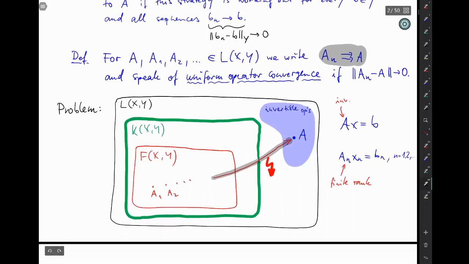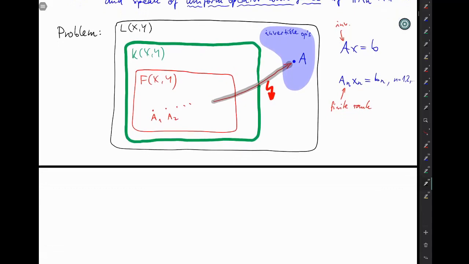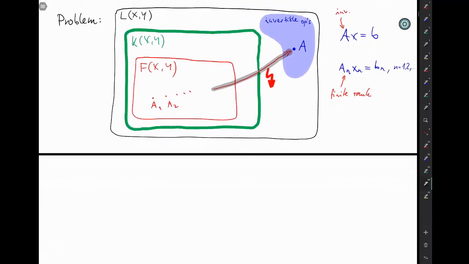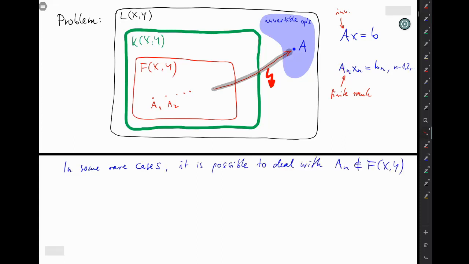But before we introduce that weaker kind of convergence, let's say that, well, at least in some rare cases, it's possible, also numerically, to deal with replacement operators An that are not of finite rank. And in fact, not even compact, because then you would still have the same problem as before.